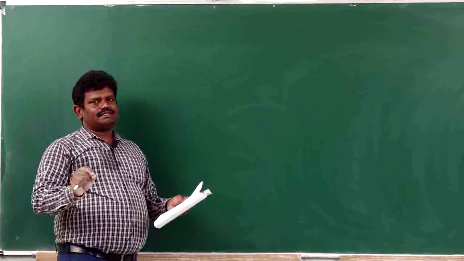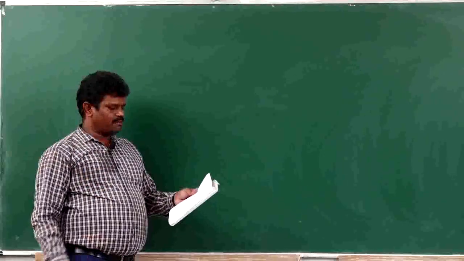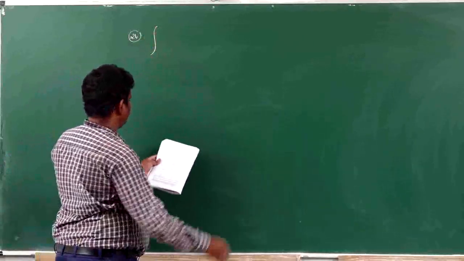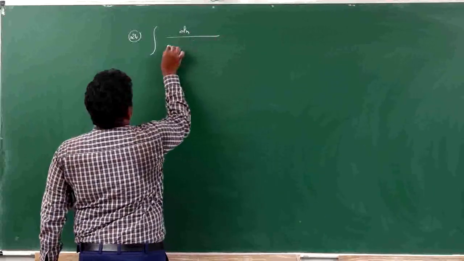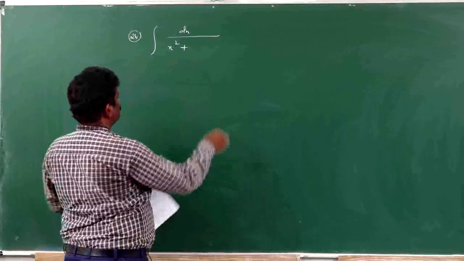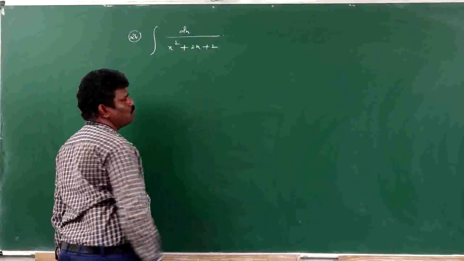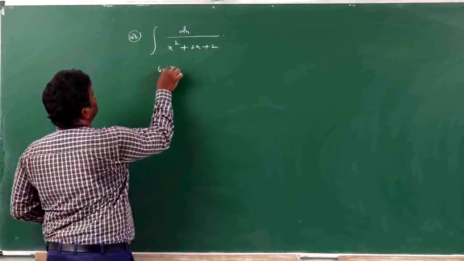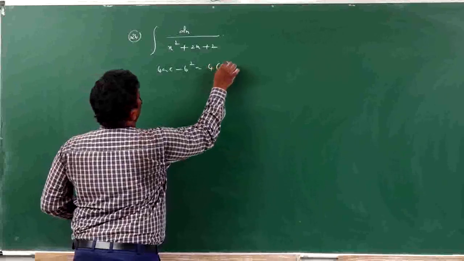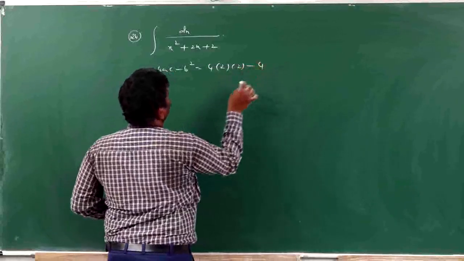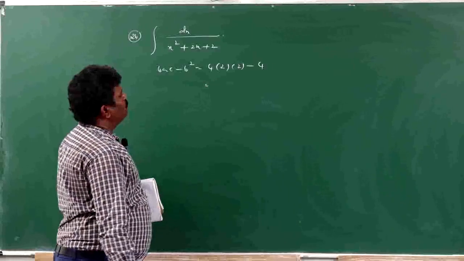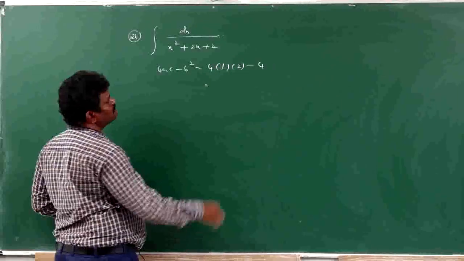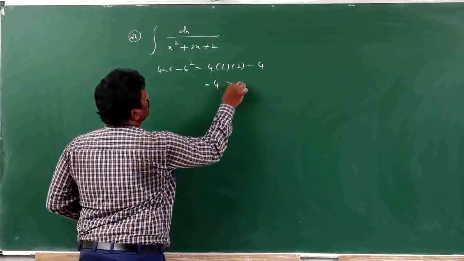Right, Sima. Exercise 23 questions are over, but two objective bits are given. The 24th one: integral dx by x square plus 2x plus 2. This type of question, we already explained one trick. Applying that, 4ac minus b square is 4 into 2 into 2 minus 4, that is 4 times 1 times 2, which is 8, minus 4, so 8 minus 4 means 4, greater than 0.